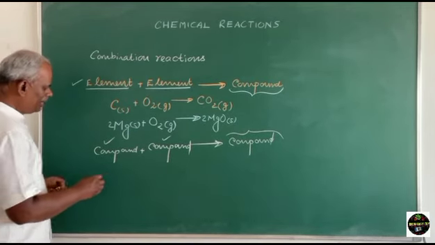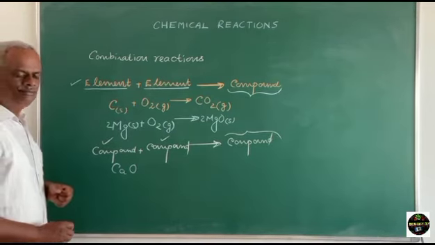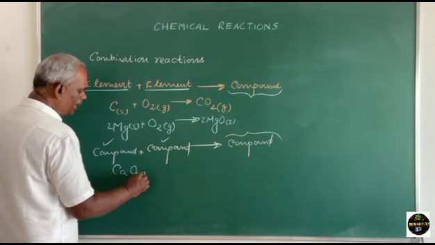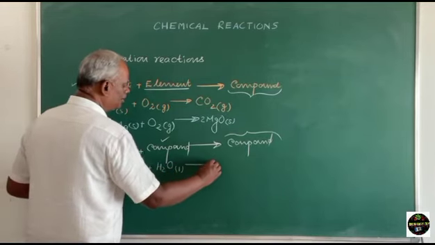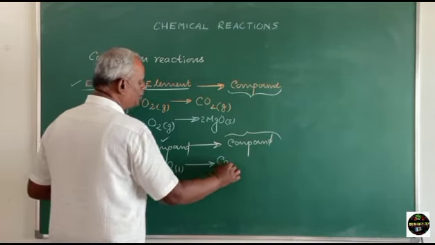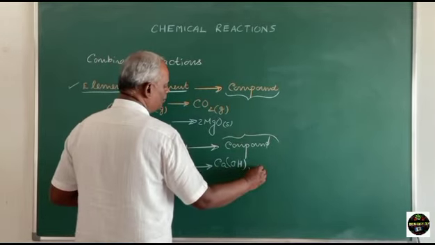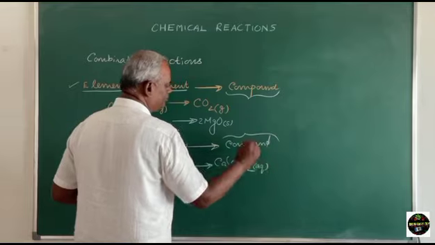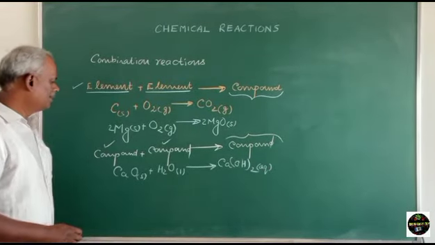Just for an example, calcium oxide, CaO, the lime, when it is in contact with water, H2O, in the form of liquid, these two can combine with each other to form calcium hydroxide, which is in the aqueous form. The calcium hydroxide solution, the slaked lime, we will be getting.